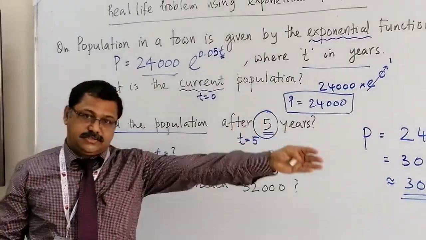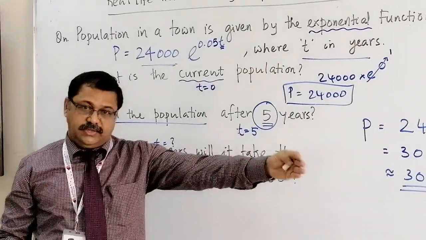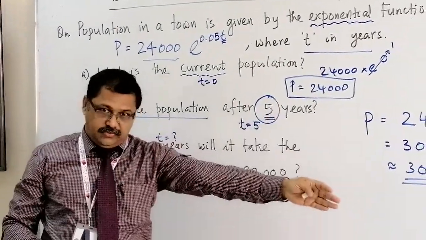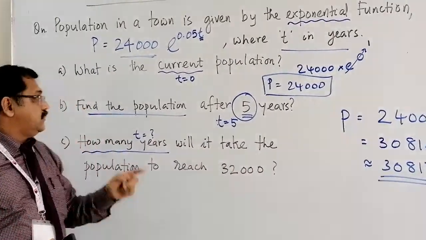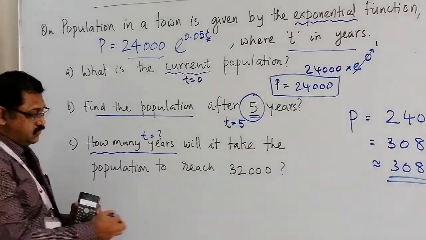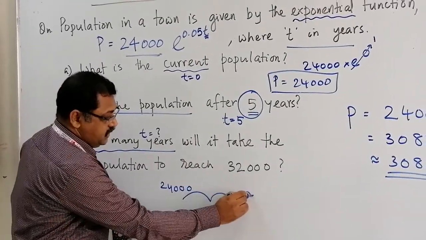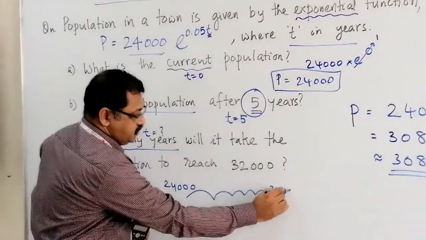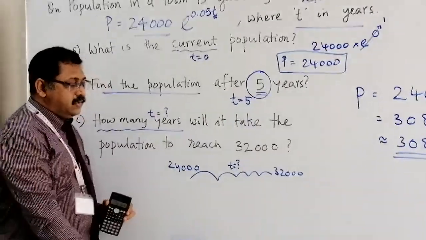After how many years does it reach 32,000? That means we need to find t. The last value is 32,000 and the starting value is 24,000. So what is t?